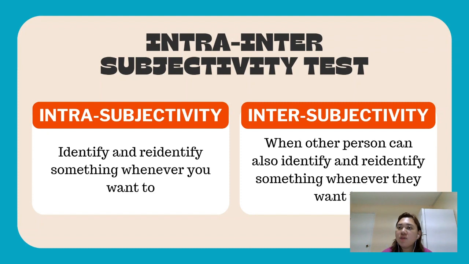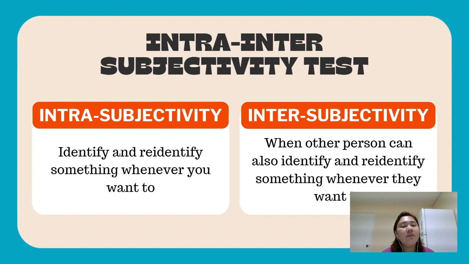For the extension of the concept to be empirical, it must pass both tests, which are the intra-intersubjectivity tests. When something does not pass the intra and intersubjectivity tests, the entity is fictitious. For example, I have a favorite thing or object, and that thing behaves so irrationally that even I could not see it or touch it whenever I want to. Then, that thing is completely or totally fictitious.